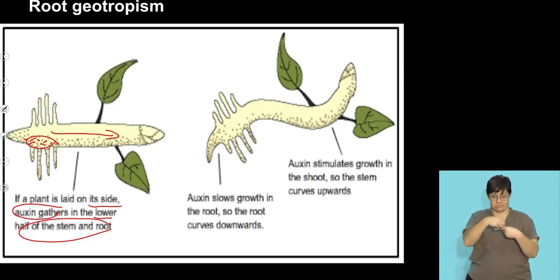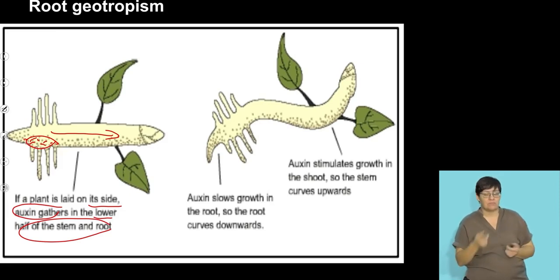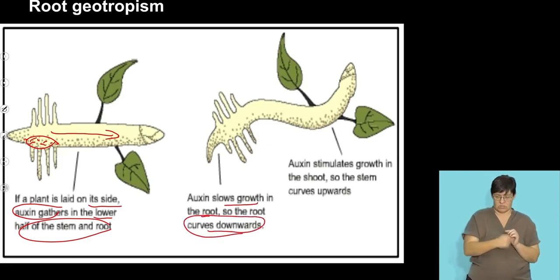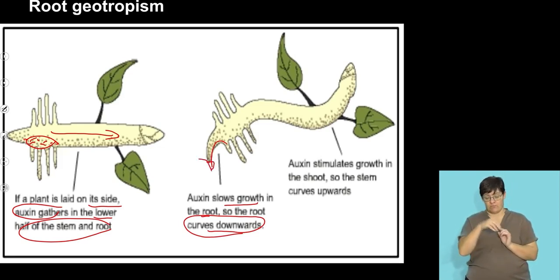How does this influence the development of the meristematic tissue? Interesting. We see now that the auxins slow the growth in the roots, so that the roots begin to turn downward. So we see that the roots from that position begin to turn in the opposite direction and move down into the soil.